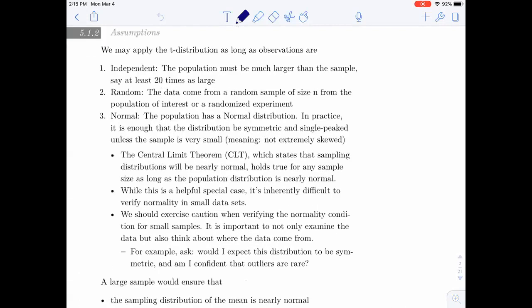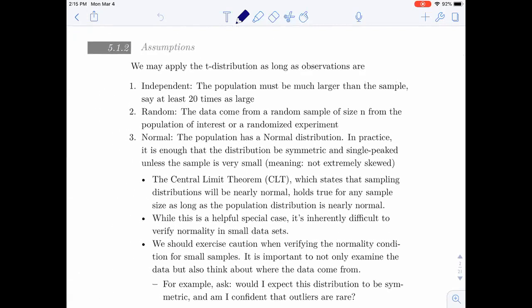Here's where I outline the assumptions, really wordy stuff. But at the end of the day, for t's, we're just going to use a t-test anyways. We're going to check the assumptions, but not really, because we don't have any other options.